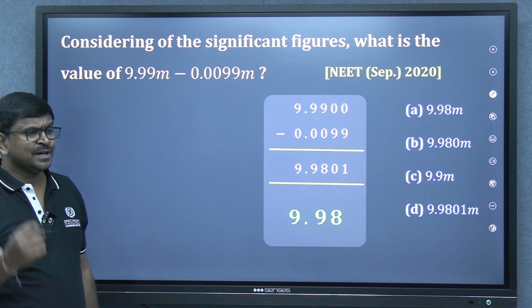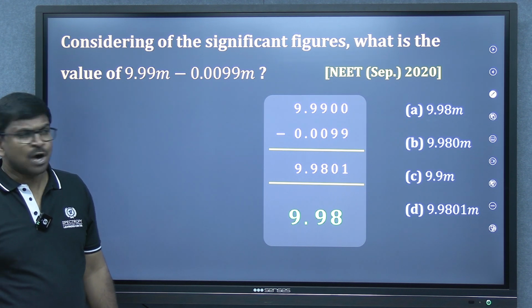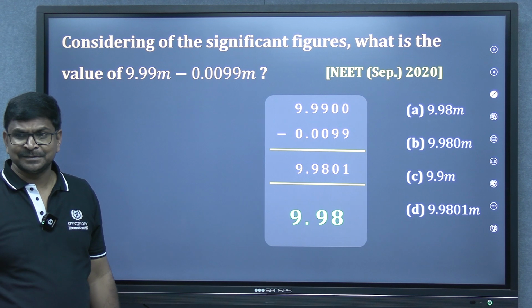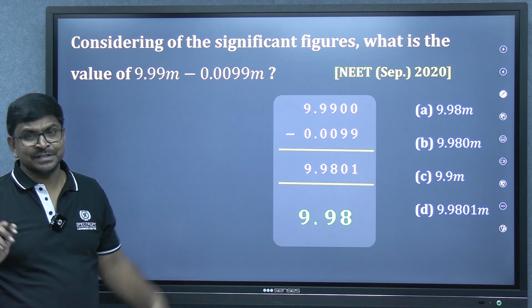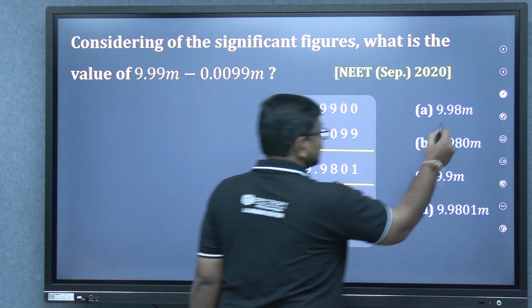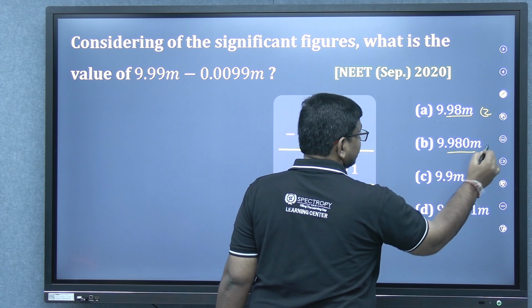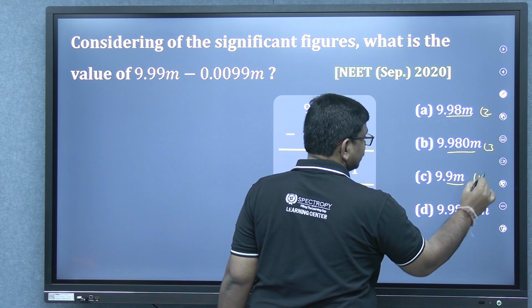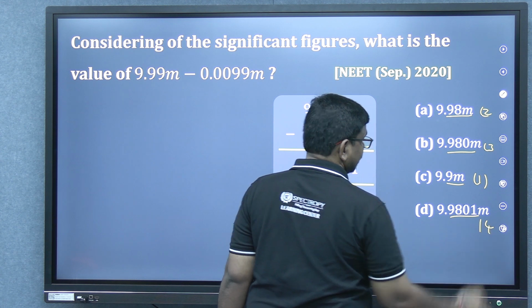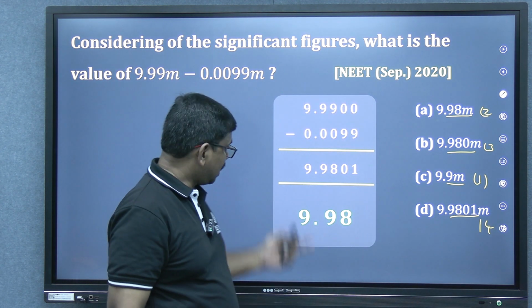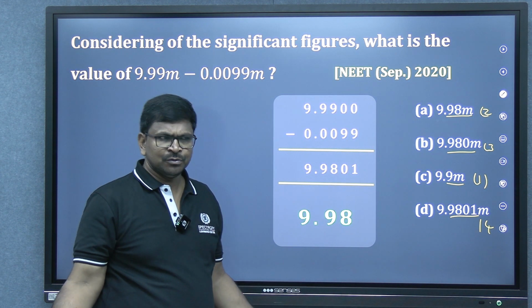But according to the rule, how many decimals should it contain? Only 2. How many options do you have? Only 1. With 2 decimals, only one answer is available. Here 2 decimals, here 3 decimals, here 1 decimal, here 4 decimals. According to the working rule, we should have the least decimal, 2.